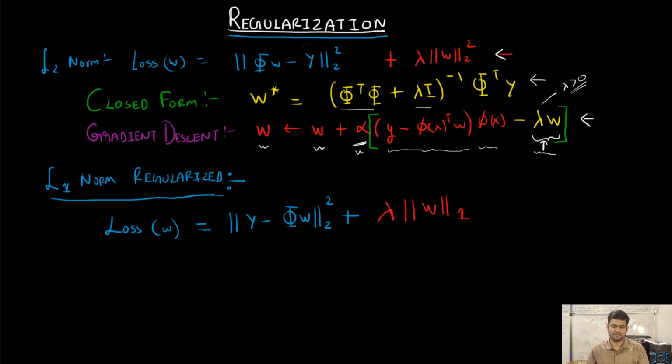And this is an online gradient descent algorithm, where the weight vector W is updated based on every input data sample.